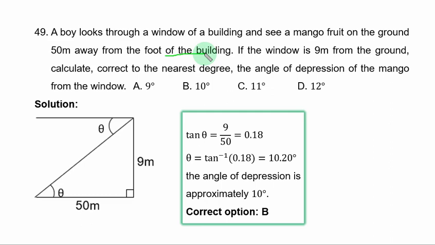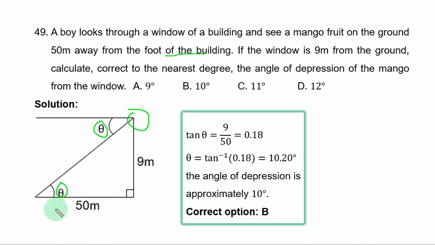So the boy, this is the window's level, so the boy is looking down where the mango is. This is the eye level, so the angle formed is the angle of depression and is always equal to the angle of elevation. So this is the height of the window from the ground level.